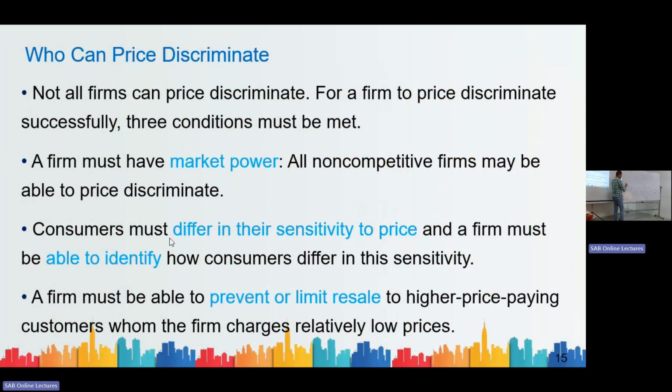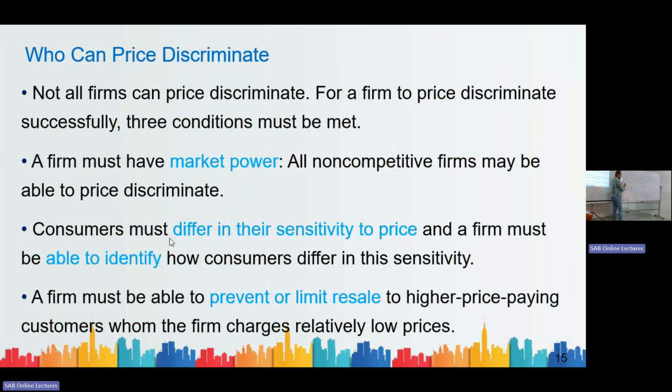The same commodity is sold at a lower price in location B, and the same commodity at a higher price in location A. So will this price discrimination be successful if someone goes to location B, purchases the same commodity at a lower price and resells it in location A at a higher price?